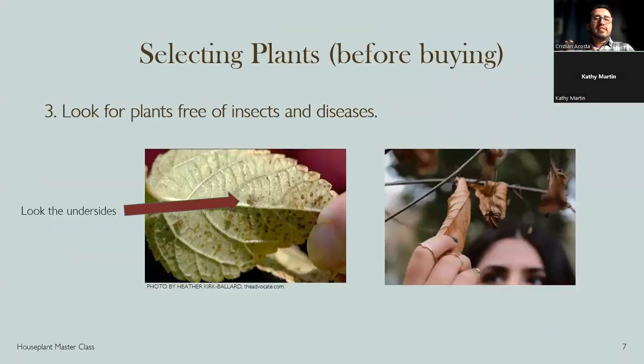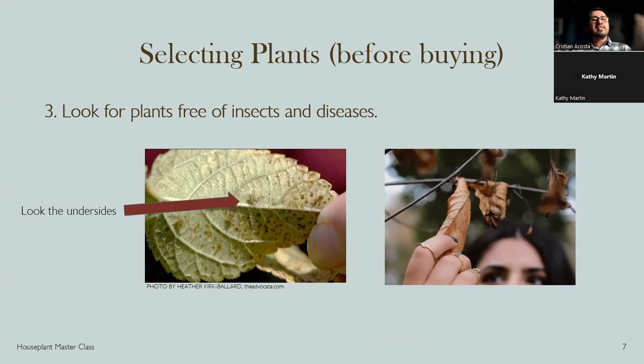The third tip is to look for healthy plants free of insects and diseases. All of us have made this common mistake: picking a plant that's beautiful. We can see that it's green, or the color that the plant normally is, and just normal.